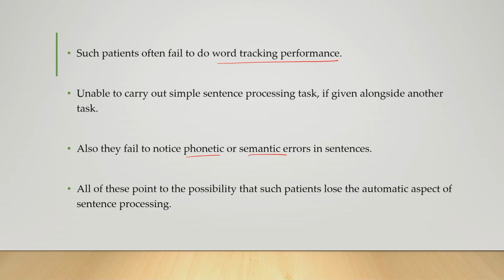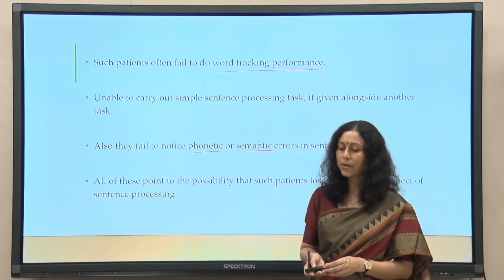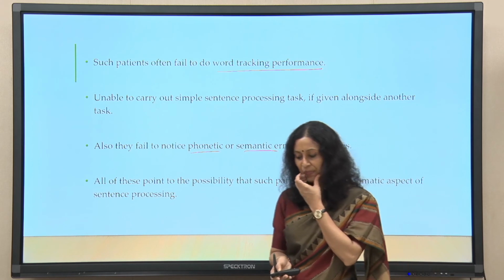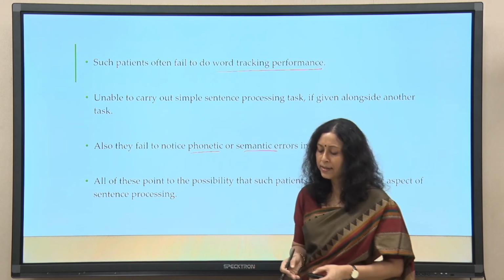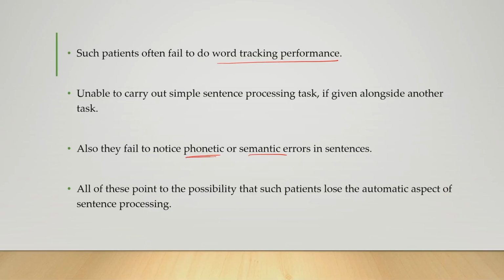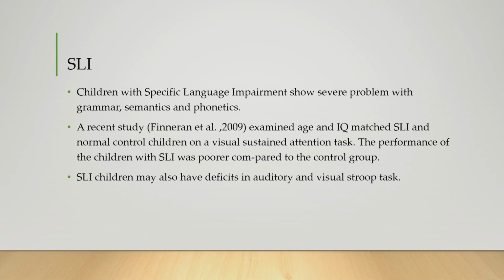These things are missing in the case of Parkinson's patients. Because of the neurodegeneration in those areas, they even lose the automatic aspect, because before 200 milliseconds you cannot have a voluntary reaction. These are understood to be automatic, but in this case they lose even that, because they miss phonetic and semantic errors in sentences. Word tracking performance is also affected.